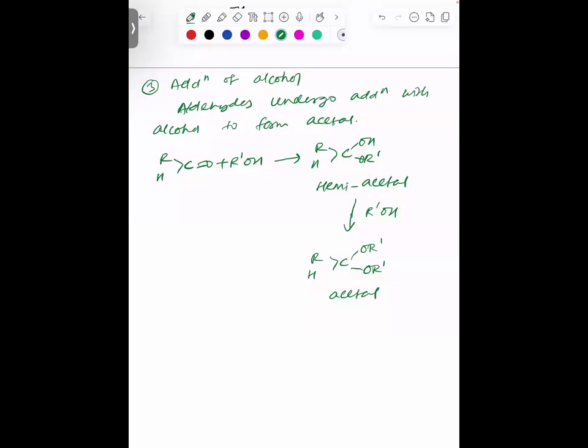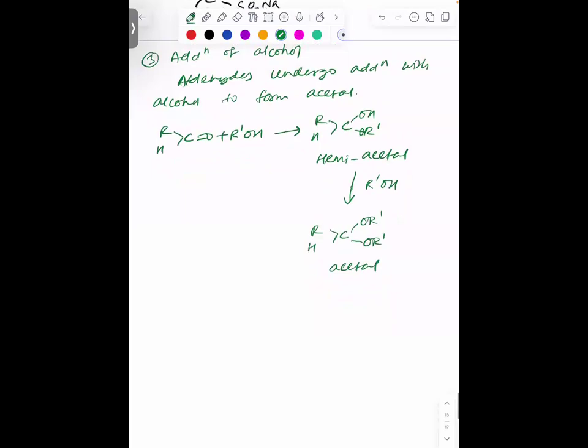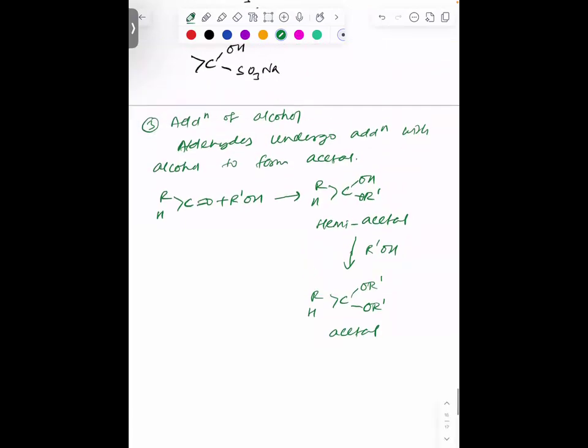Now the question is, what about ketones? Can they undergo addition with alcohol? No. Why? Because ketones are sterically more crowded, so they do not undergo addition easily. If a ketone has 2 alkyl groups on the carbon, then 2 alkoxy groups would be added.